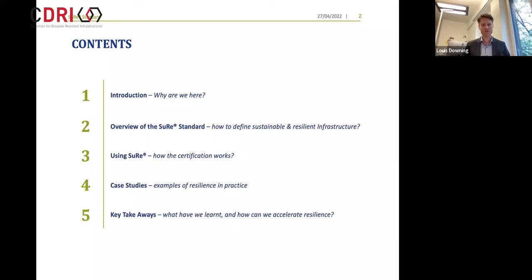So some examples of resilience in practice and what can we learn from that? And then finally, some key takeaways, both from GIB's side, what we've learned over the past 14 years, and then also as a group, how can we use the momentum that we have currently to accelerate resilience in infrastructure?